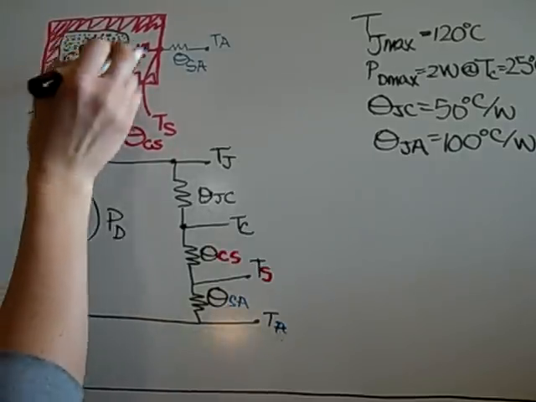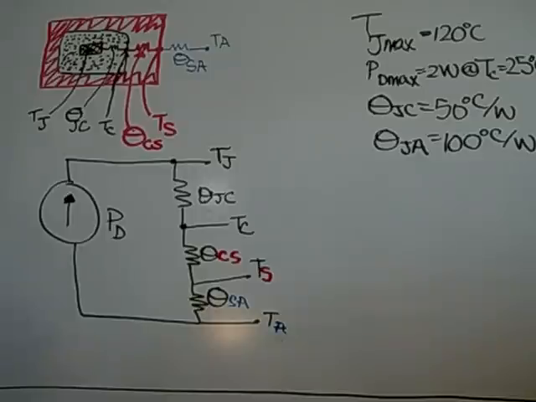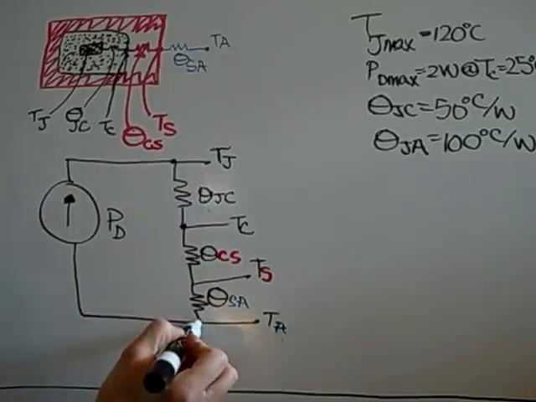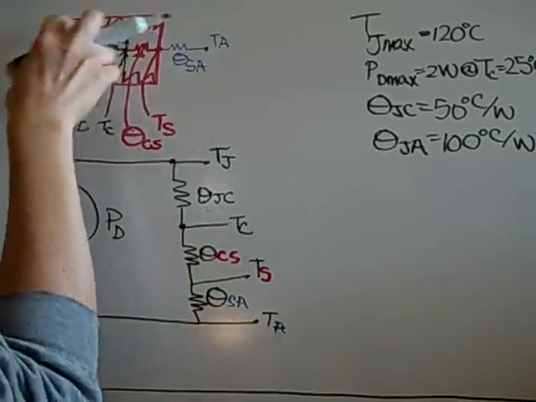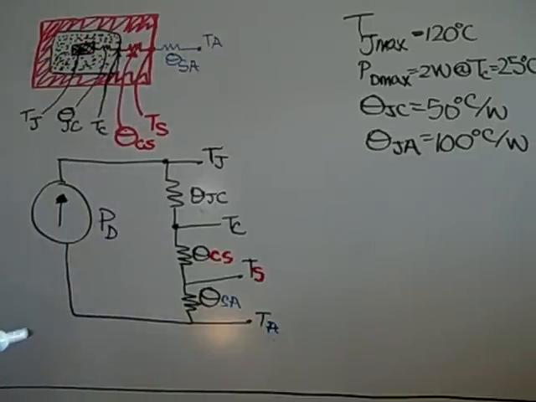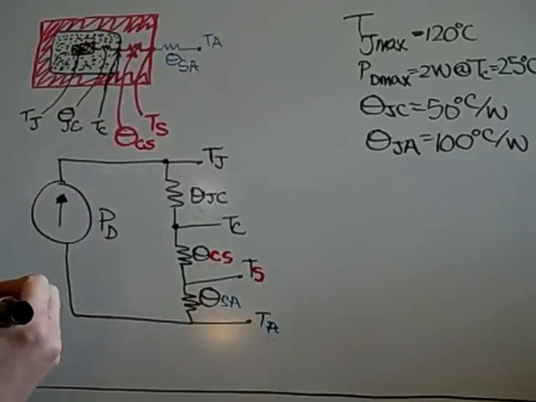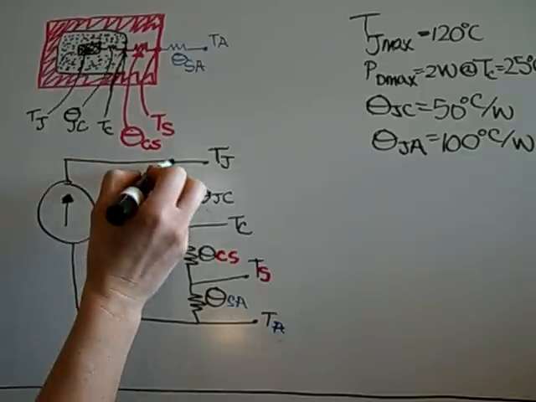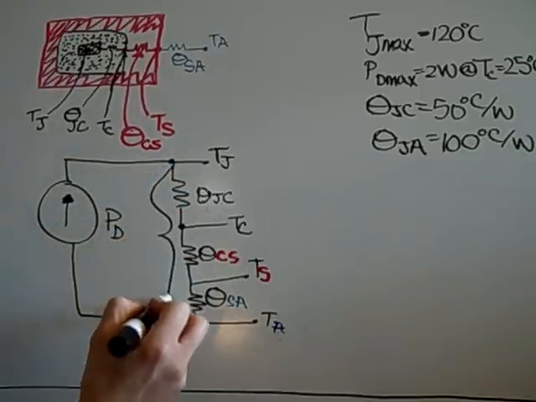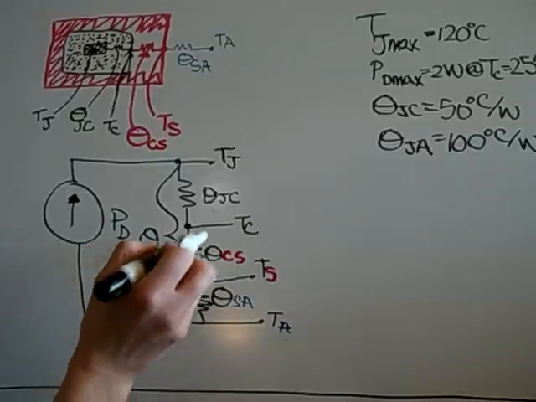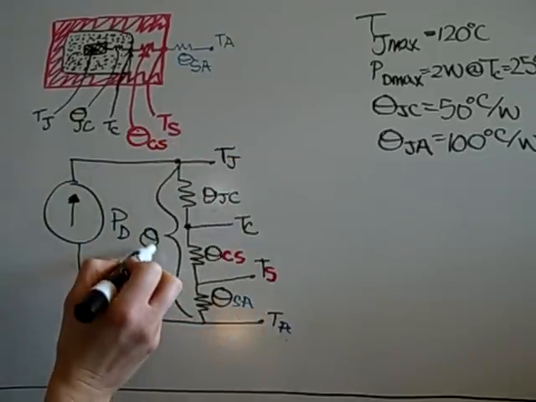So in a lot of cases, sometimes you won't have some of these here. You can have from the junction itself right to the ambient and neglect all of the effects of a case. And if you don't have a heat sink on there, then it would be just the neglecting of the case itself. And so neglecting all of those, these can all be lumped into one, which would be theta JA, between your junction and your ambient.